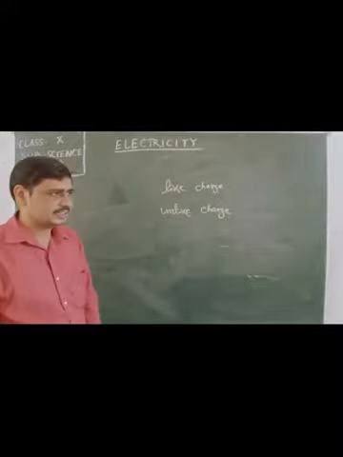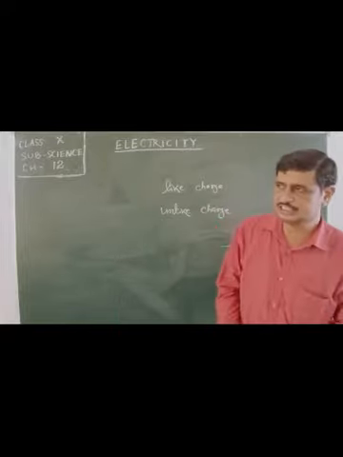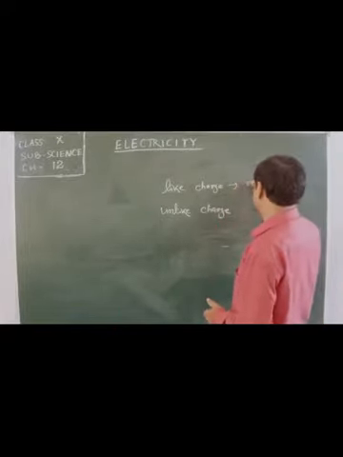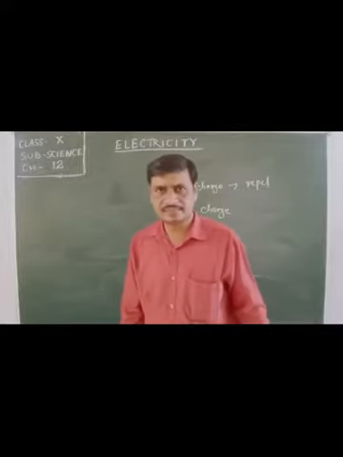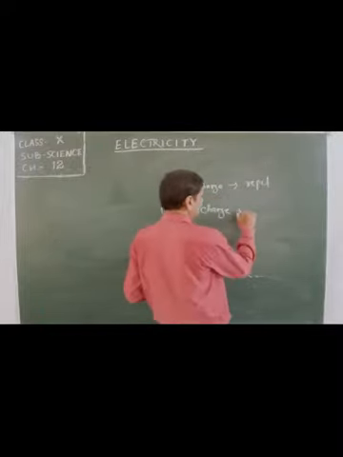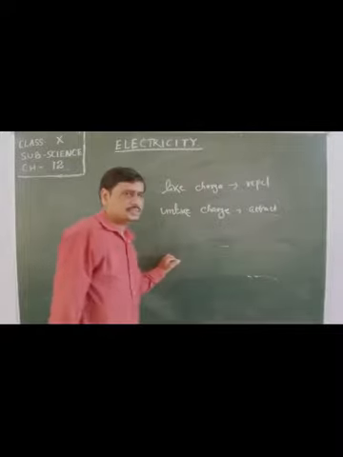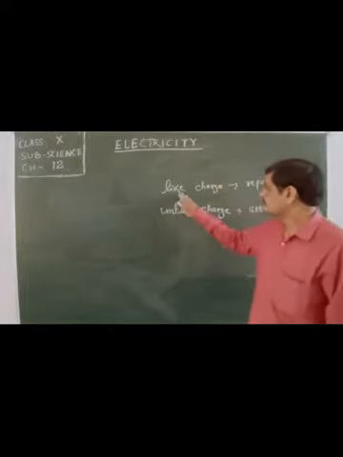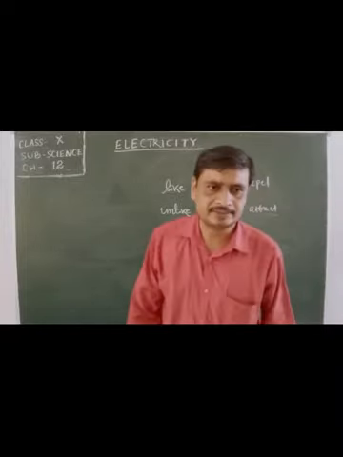If two charges are like, meaning similar charge, either positive or negative, they will repel each other. If two like charges come in contact, they will repel, but unlike charges will attract each other. It is similar to the poles of a magnet. Like charges repel each other and unlike charges attract each other.